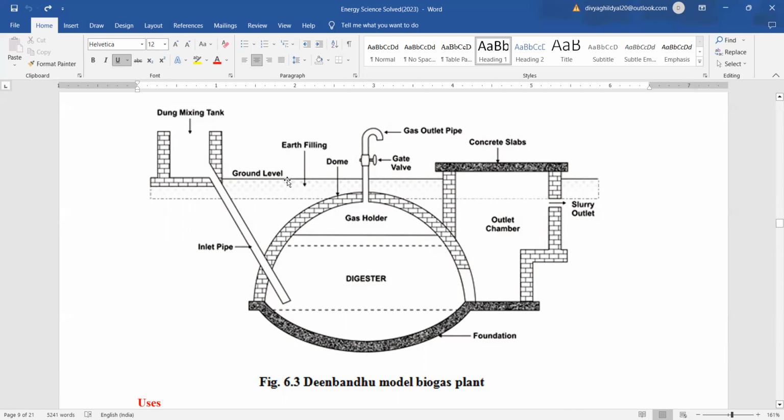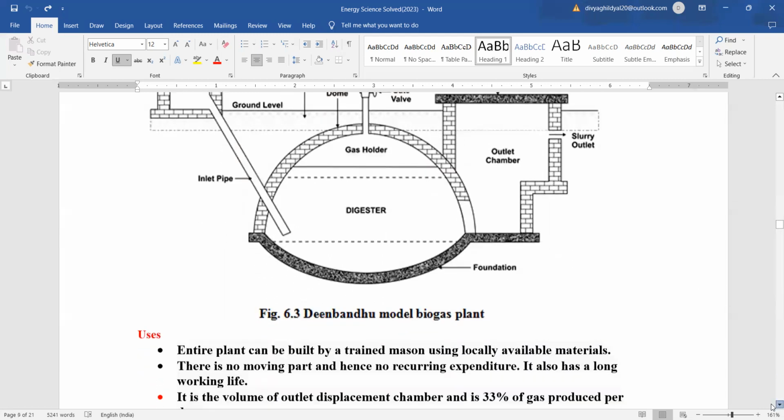The upper part of the normal slurry level of the outlet tank is designed to accommodate the slurry displaced out of the digester with the generation and accumulation of biogas. This is what it is, a very simple and easy design.